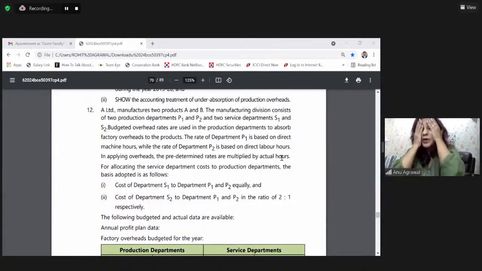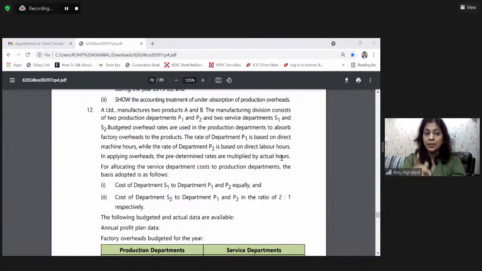That is known as a dual rate: a rate for setup and a rate for when the machine is running. Comprehensive means I'm not dividing. In the comprehensive machine hour rate, my setup time and normal maintenance hours are all normal loss. That means I will deduct those hours for the purpose of calculating my normal hours. Am I very clear? I will deduct those hours for calculating my normal hours.